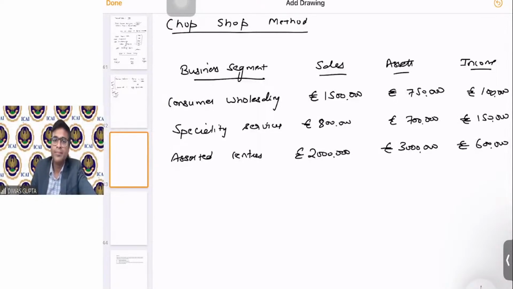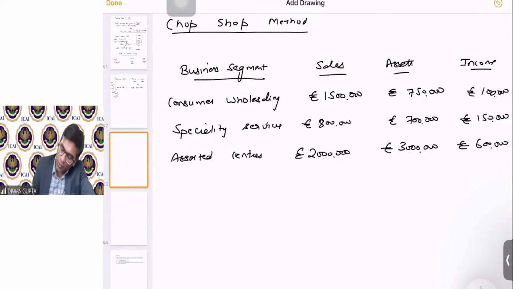Now, just like we have beta, right, or we have a capitalization rate. These are reflective of the numbers in relation to market, correct? For example, capitalization rate is 14%. So it means that whatever you earn, if you divide by 14%, you will arrive at the market value. Correct. So just like that, we also have the capitalization rates for these different business segments at a different level.